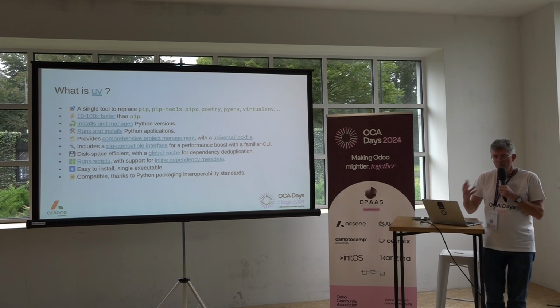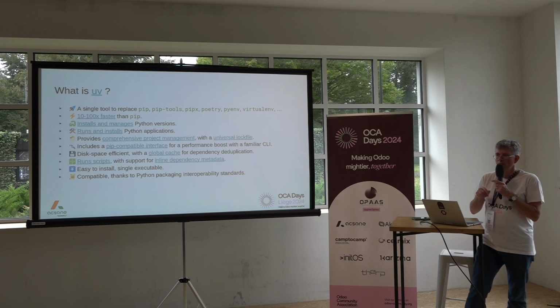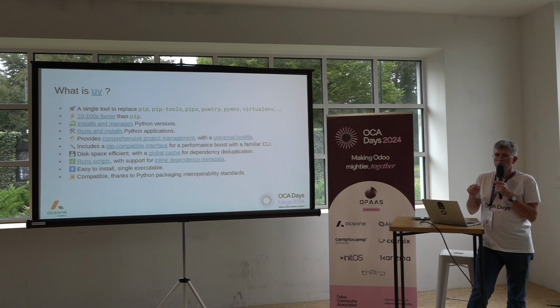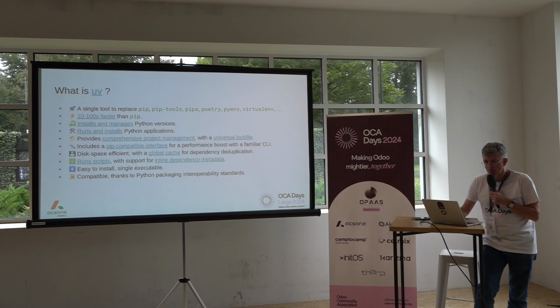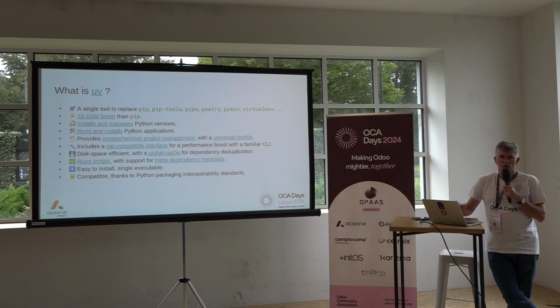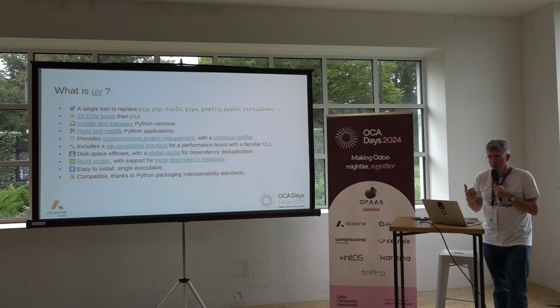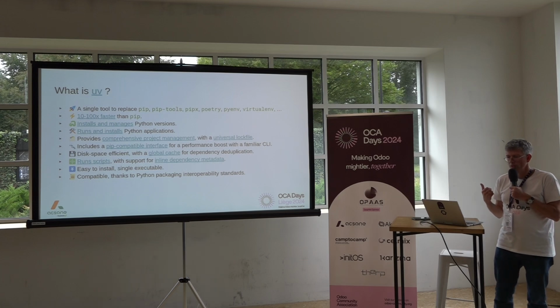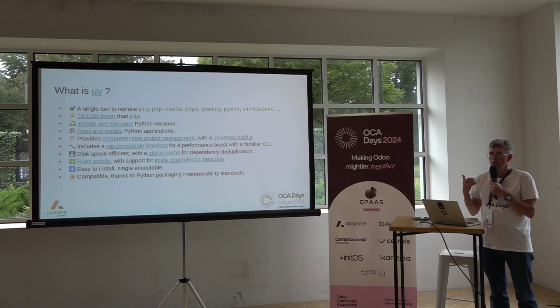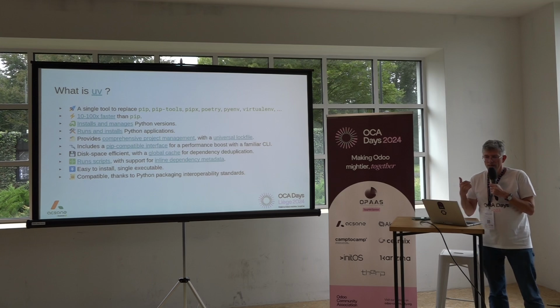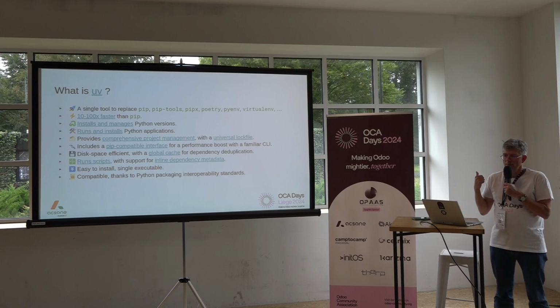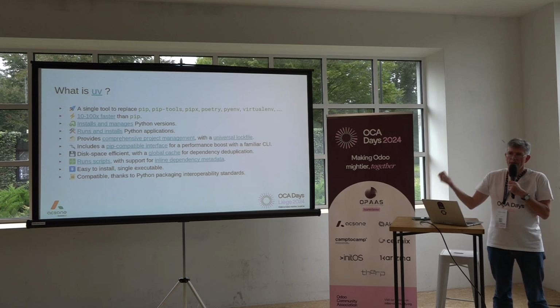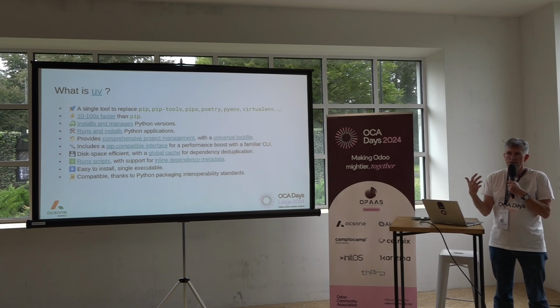It has a pip-compatible interface, so it's easy. You can type uv pip, and it works more or less like pip; for the most common commands, it's really just like pip. And very important, it has a global cache, which is really efficient, because in the cache it unpacks the wheels it has downloaded.